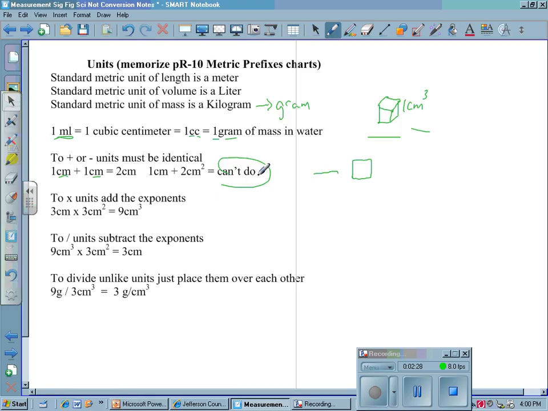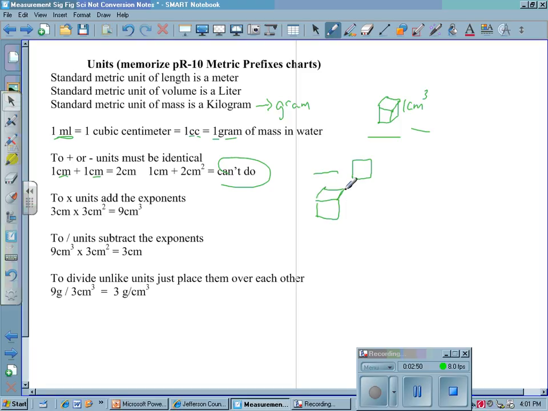Now, you can multiply them, though. So if you multiply units, you simply add the exponents. So I could take a cubic centimeter and multiply that by a square centimeter, because if you multiply it, you're actually going to put it into a different dimension. Like you've heard of a 3-dimensional object, so this would be 2 dimensions, that square. If I multiply it, I'd be putting it into a different dimension.